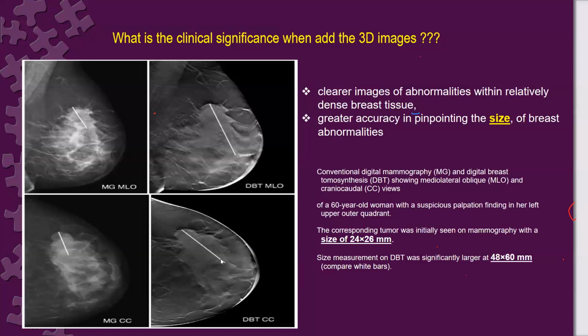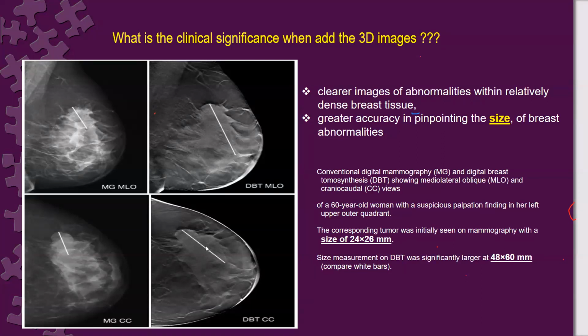This is again an image of tomosynthesis. We can see here what? This is the 2D and this is the tomosynthesis. We can see clearer images of the lesions and a much better depiction of the lesion size than on the 2D, giving almost double the size seen on the mammography.